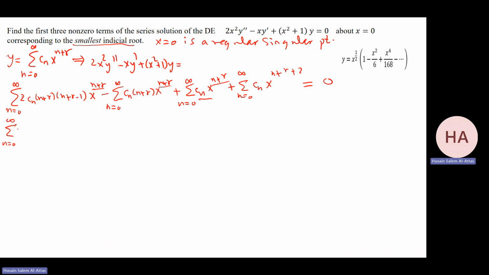Let me take Cn outside. I have 2(n plus r)(n plus r minus 1) minus (n plus r) plus 1, all of this times x to the power n plus r, plus the rest, summation n equals 0 to infinity Cn x to the power n plus r plus 2.